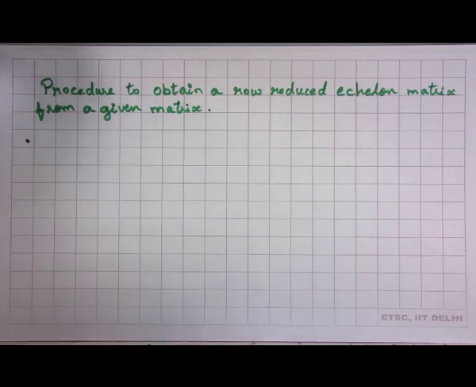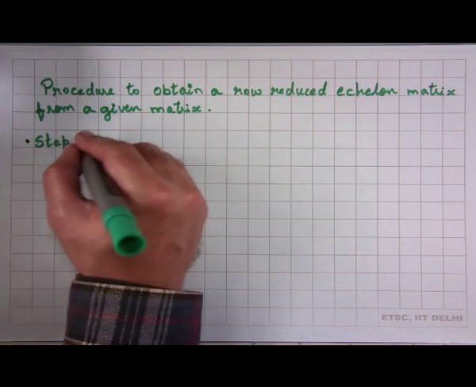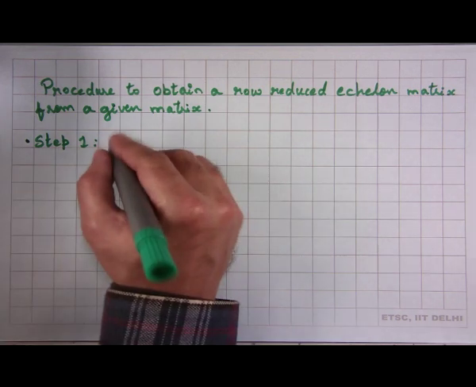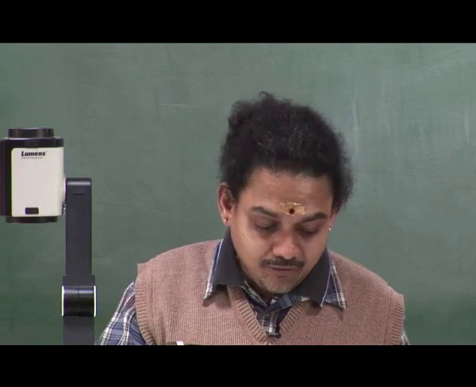First step, let me write it as step 1 because we may have to repeat certain steps again and again. First thing that you will have to notice is that every 0 row is below every non-zero row, that you will have to verify.